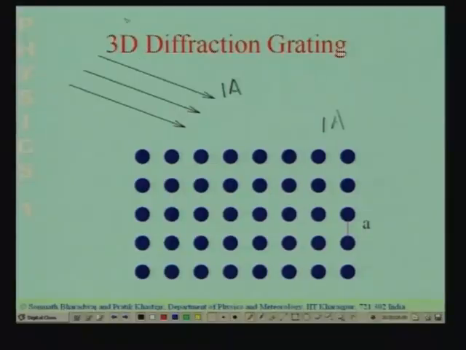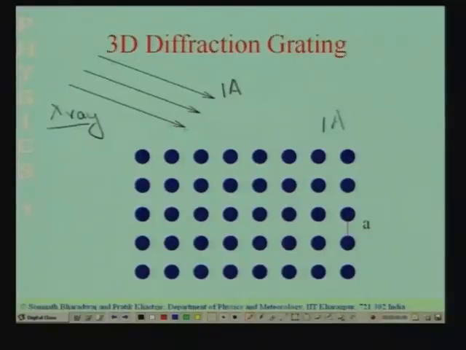So, the wavelength range around 1 angstrom corresponds to X-rays. We are going to consider a situation where there is X-ray incident on a crystalline solid, and this is what is shown over here. You have X-ray which has a wavelength of the order of 1 angstrom, which is incident on a crystalline solid.